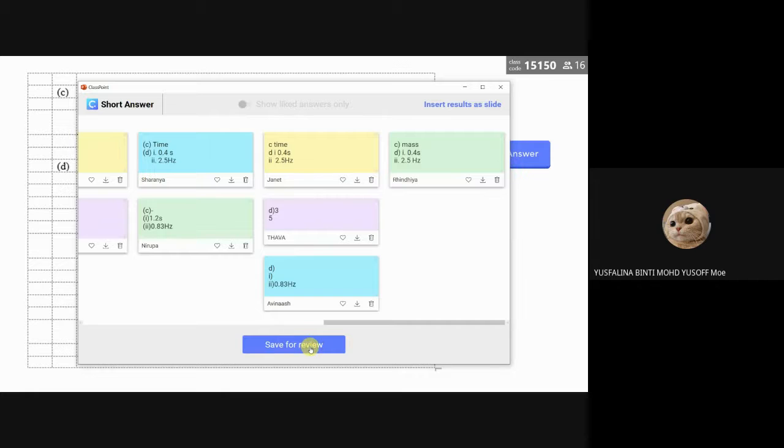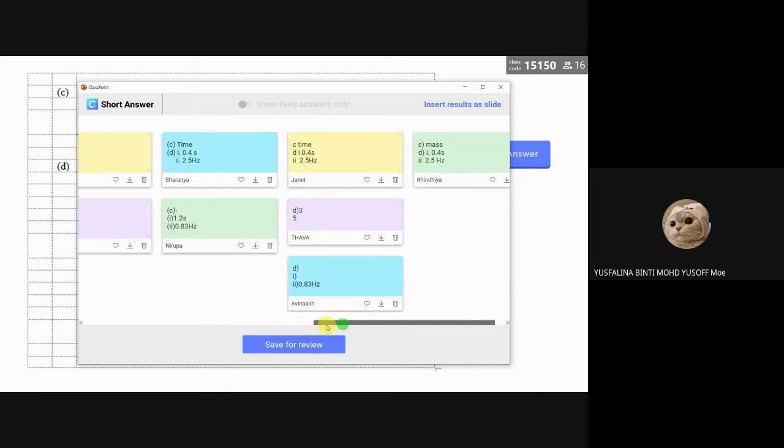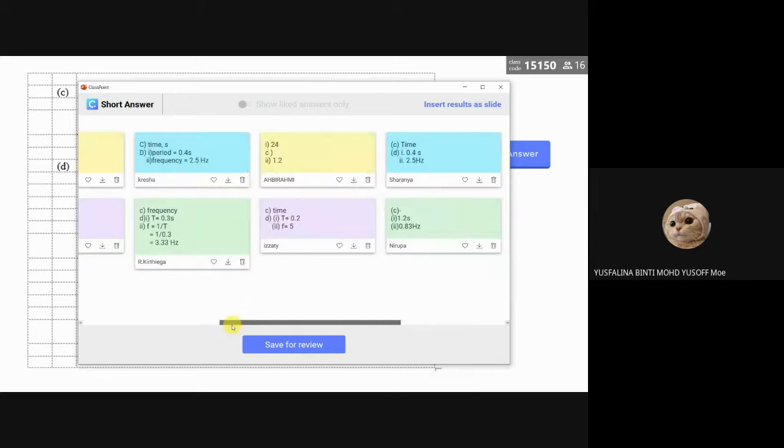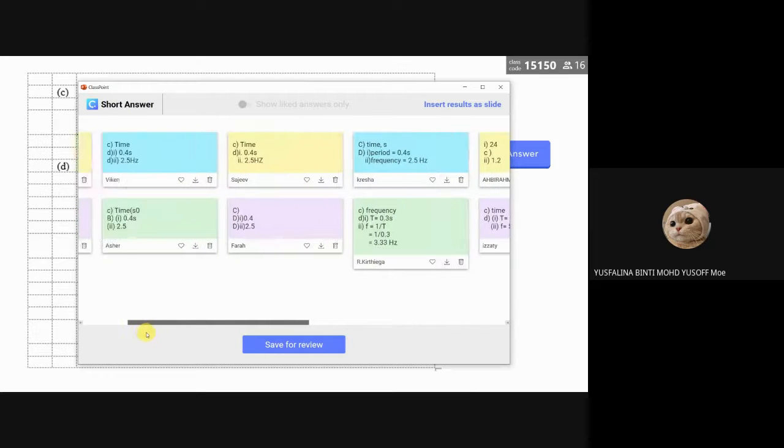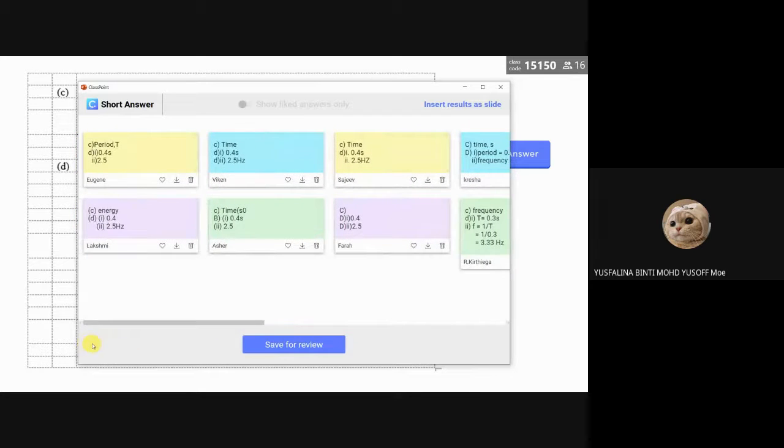Right, so C: time, mass, time, frequency, time, energy, period. Okay. Mostly answered time. Actually, there's no time. That is period. If you already submitted, cannot erase.